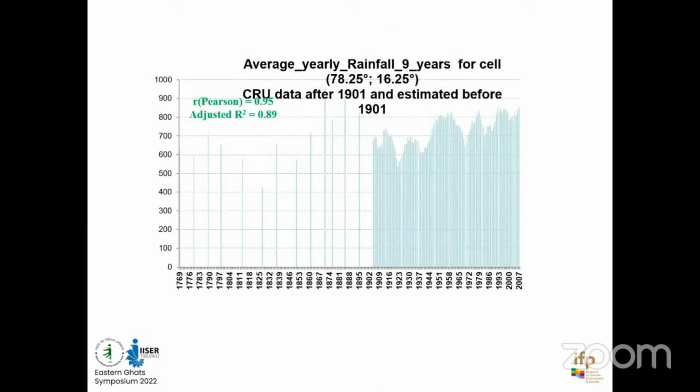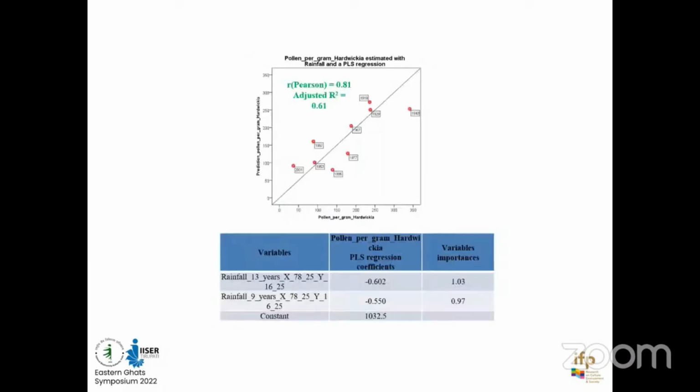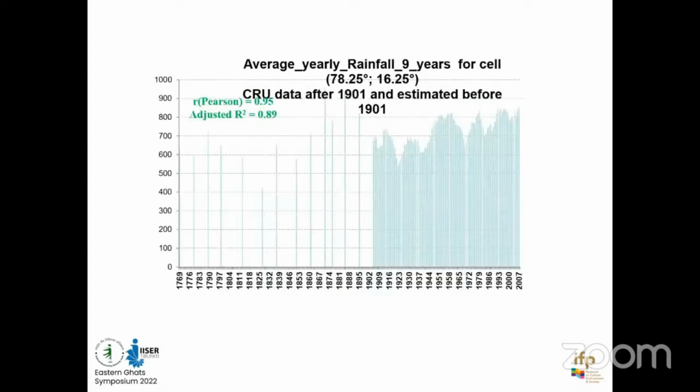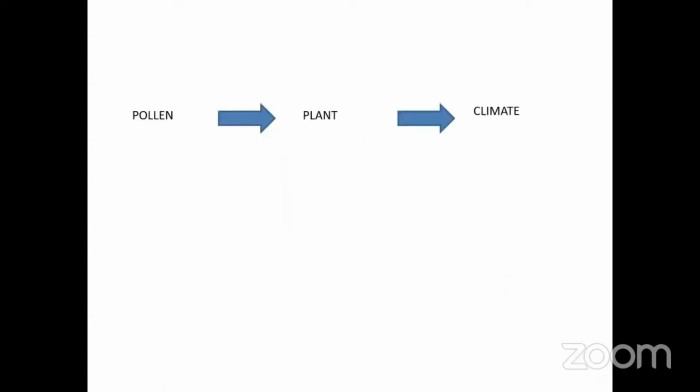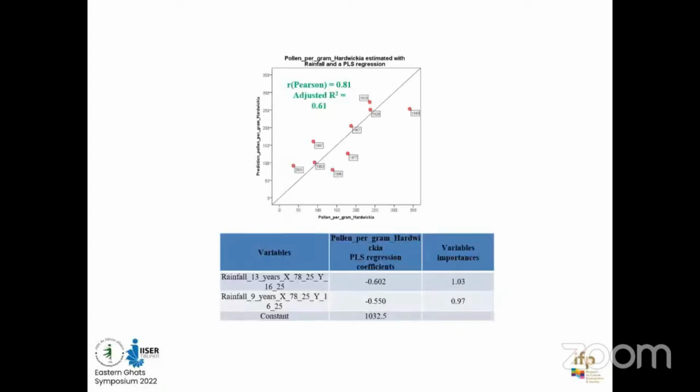So this is what I meant by saying that it's quantitative data, and we were getting some good results with reference to correlating it with the rainfall variability taken in different cycles of rain.